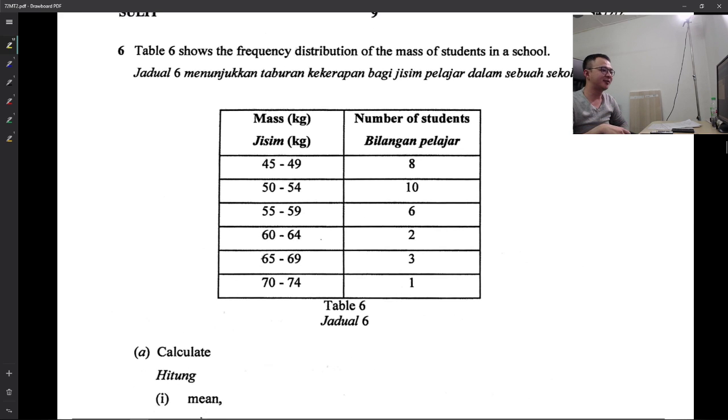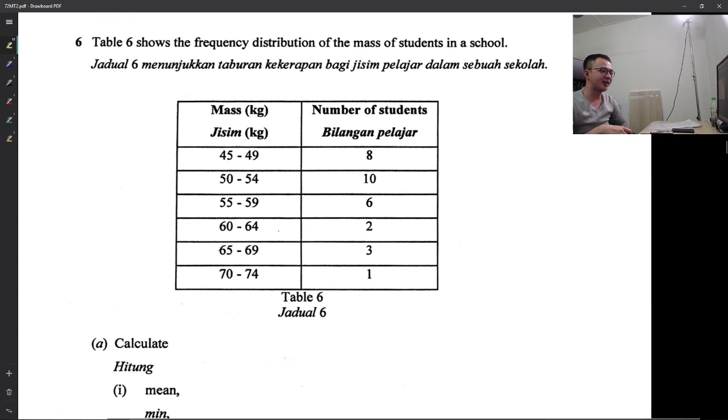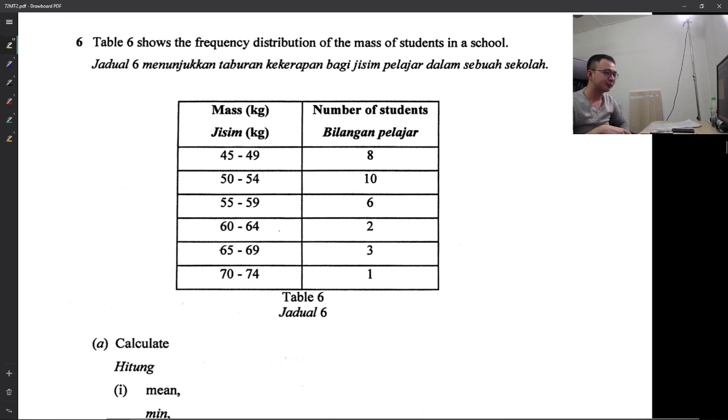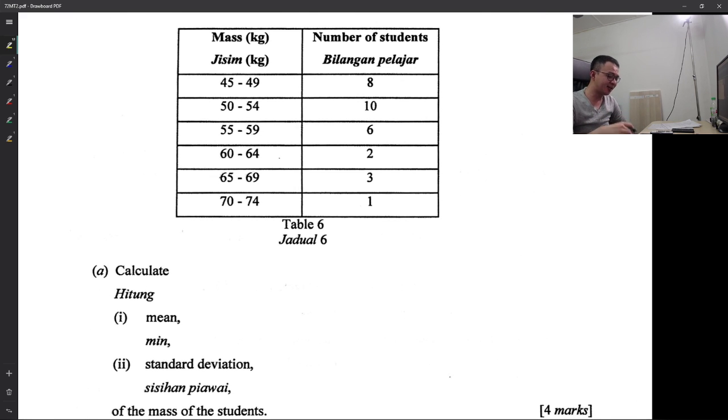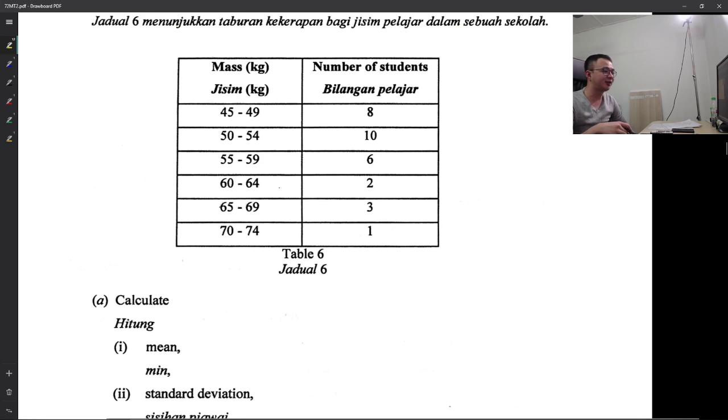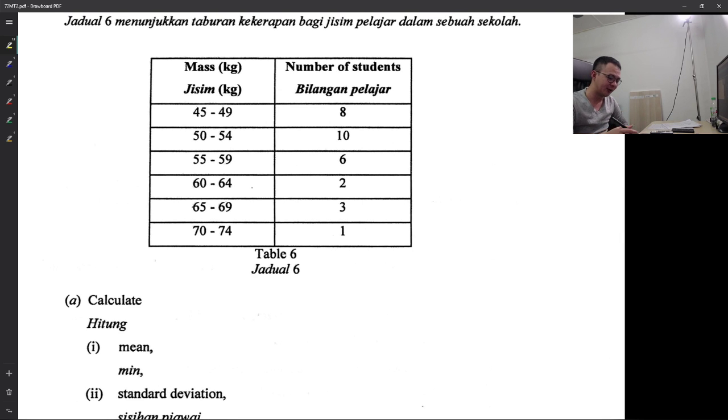Alright, this is mean and standard deviation. It is a statistics topic. The first part asks me to find the mean, the second part asks me to find the standard deviation. For this kind of question, normally I will just solve with the table over here. First thing is I want to find my x value. x will be the midpoint, right? x is very easy.